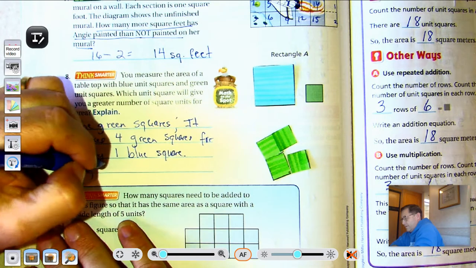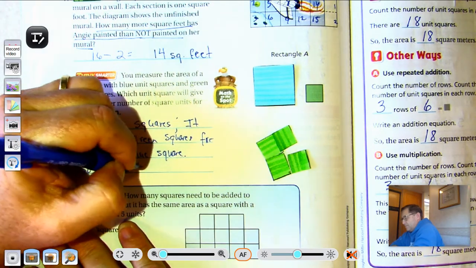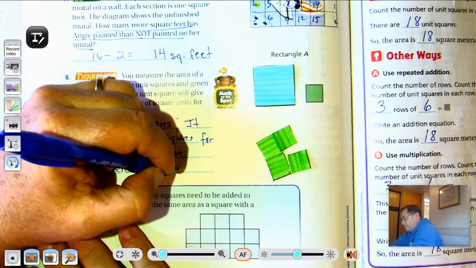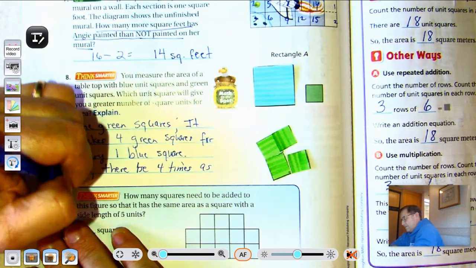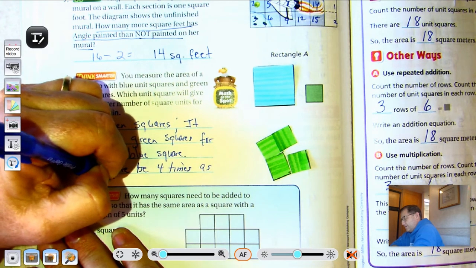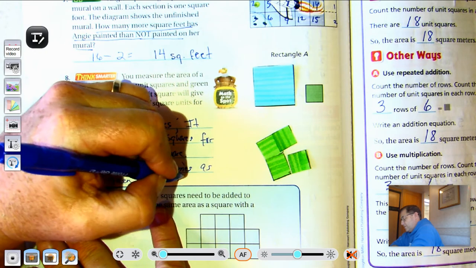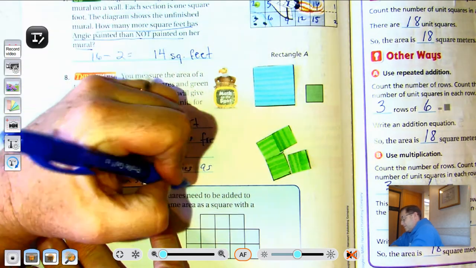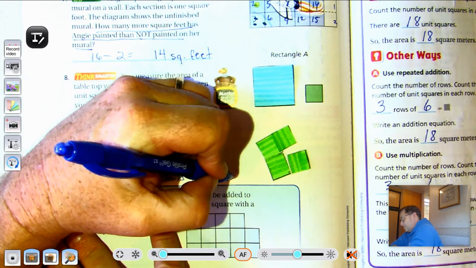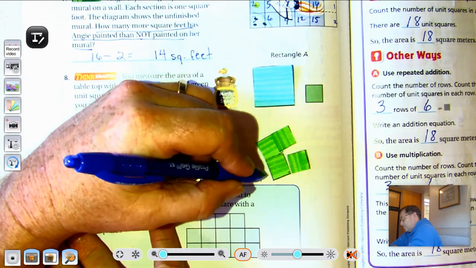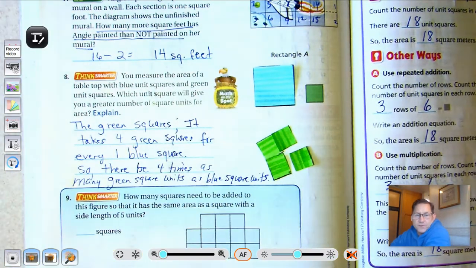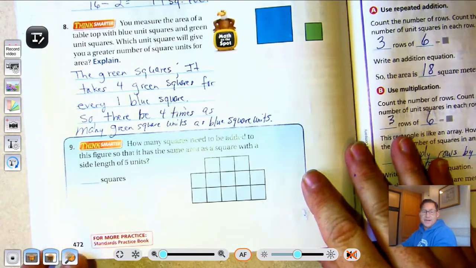So there will be 4 times as many green square units as blue square units. All right, and number 9.